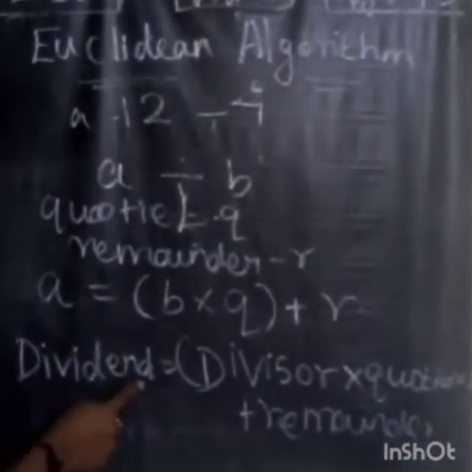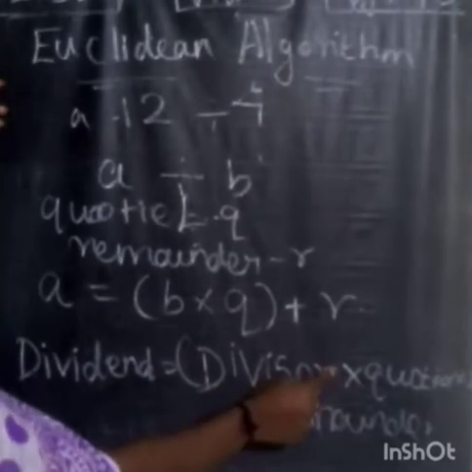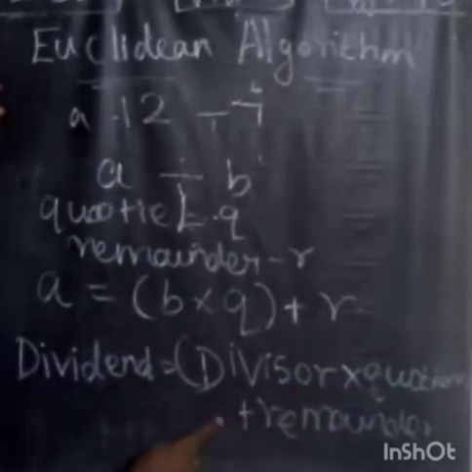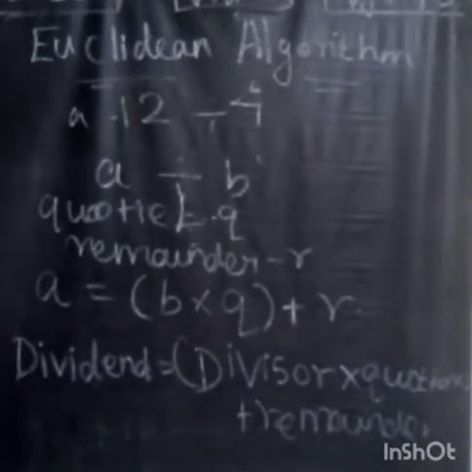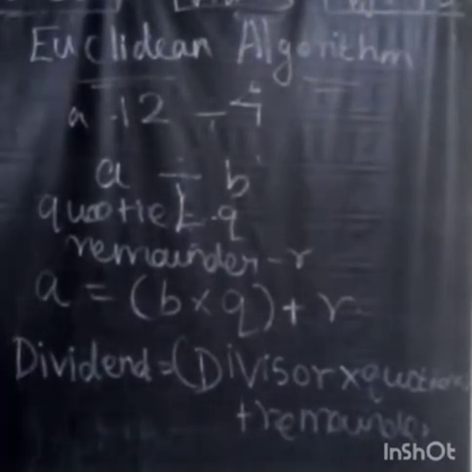So dividend equals divisor multiplied by quotient plus the remainder. This is called the Euclidean algorithm.